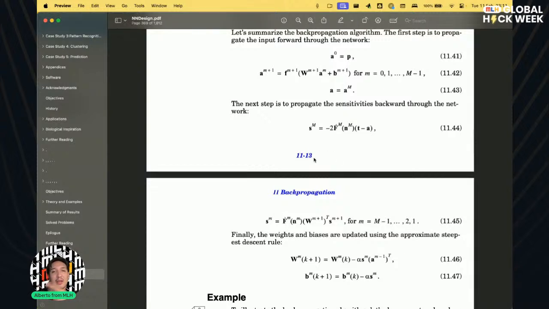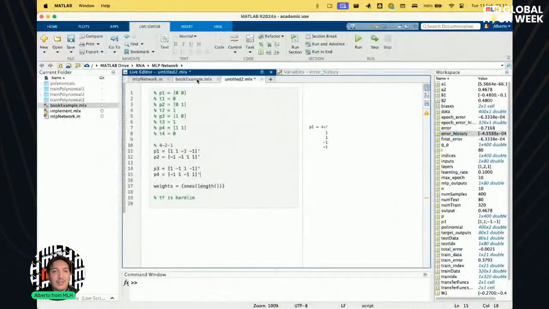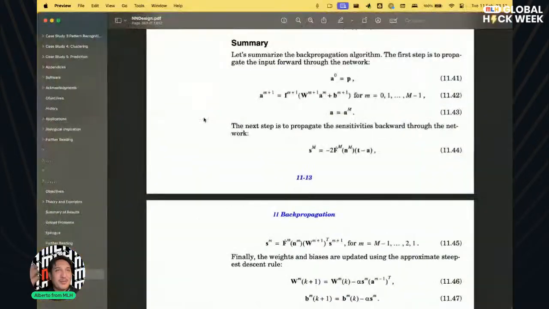For the first sensitivity we calculate, it's just minus 2 times the derivative of the transfer function. A little hint: the derivative of the transfer function in the last layer, for this specific case, is always 1, because it's the derivative of the pure link. So this will be minus 2 times 1 times the error.